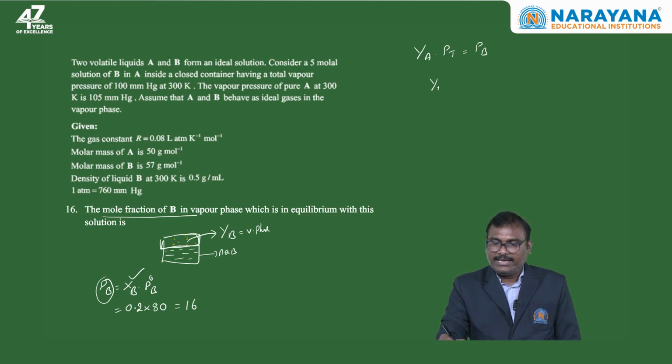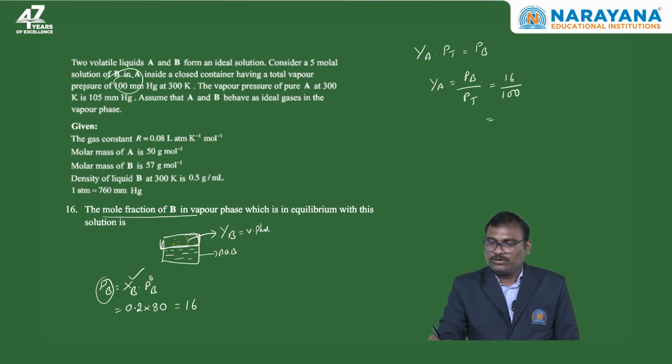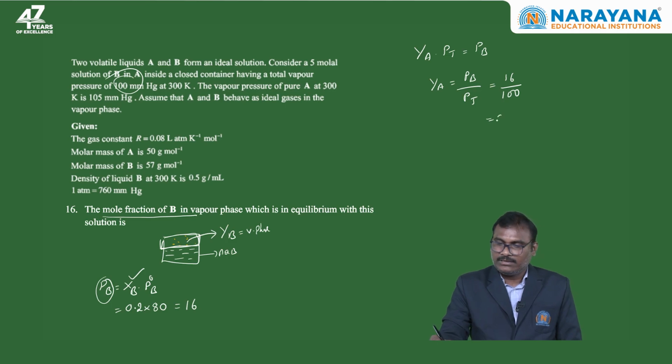Then YB is equal to PB by P total. PB you got as 16, P total is equal to 100. So that is equal to 0.16, which should be the answer.